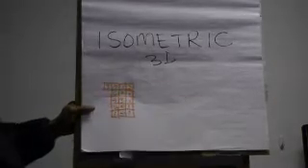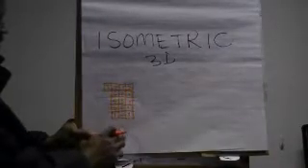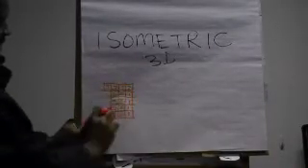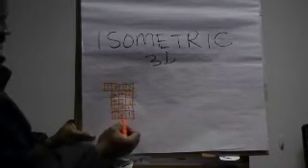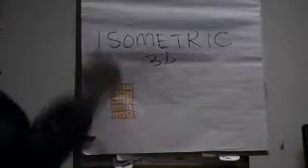Okay, let's not make it too hard. Now, looking at it from the top, you would just see the rectangle like this. Now, this 5 here indicates that this section would be 5 stories high.